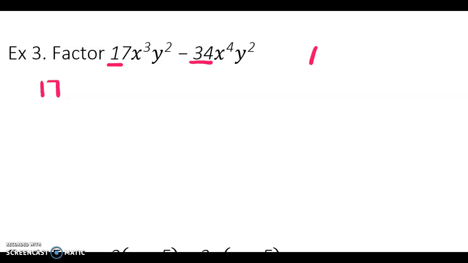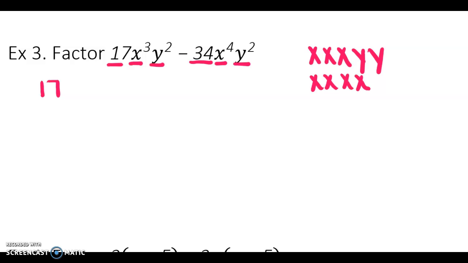So let's actually write it out like we did before. So this is an x to the third y squared, so 3 x's and 2 y's, and then 4 x's and 2 y's. Okay, so now we could go ahead and circle what we have in common.